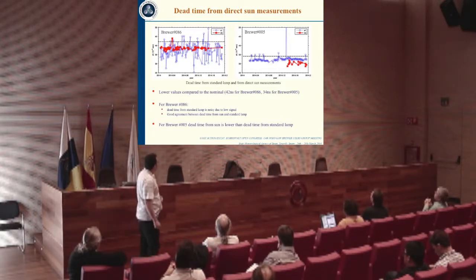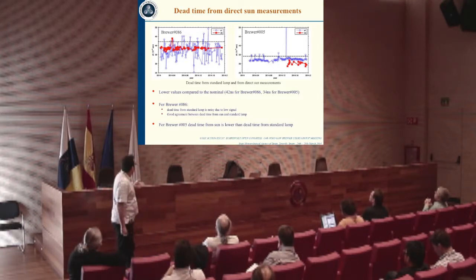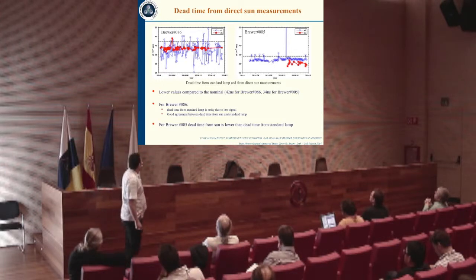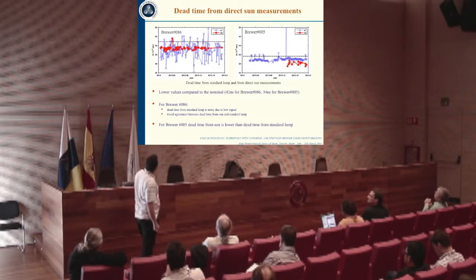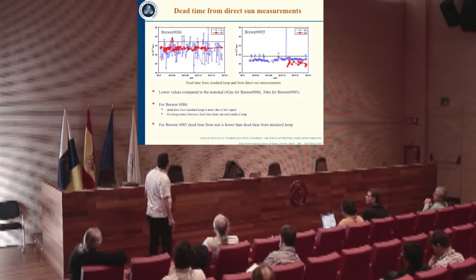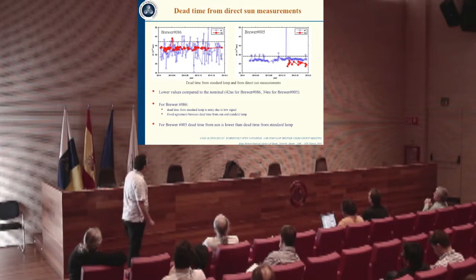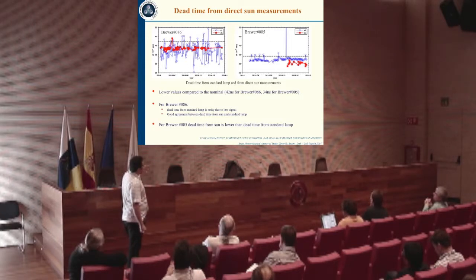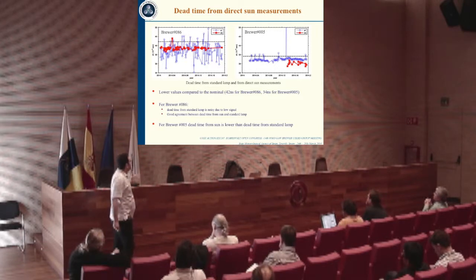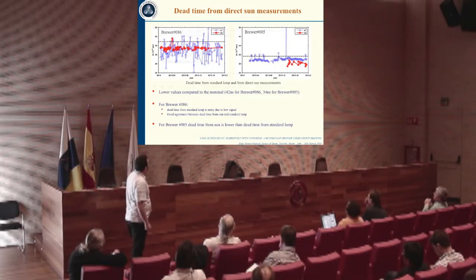For both instruments, we find lower values compared to the nominal ones, while for Brewer number 86, the dead time from the standard lamp is very noisy. This is because of the very low signal. Generally, for this instrument, we have a good agreement between the dead time from the sun and from the standard lamp. For Brewer number 5, the dead time from the sun is lower than the dead time from the standard lamp, but we have few results, so we do not have an idea for what exactly the reason is.